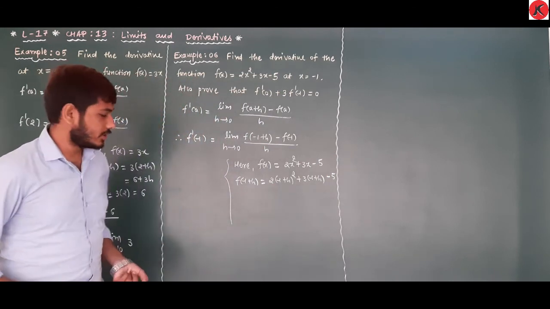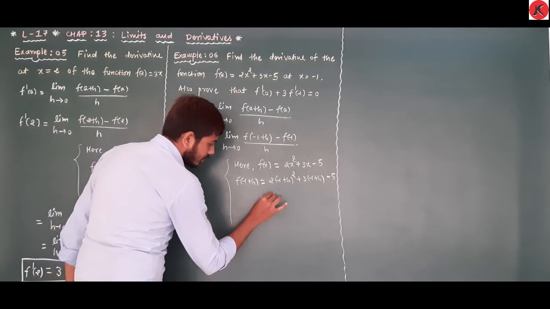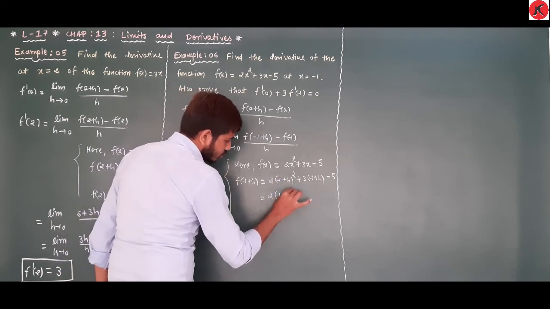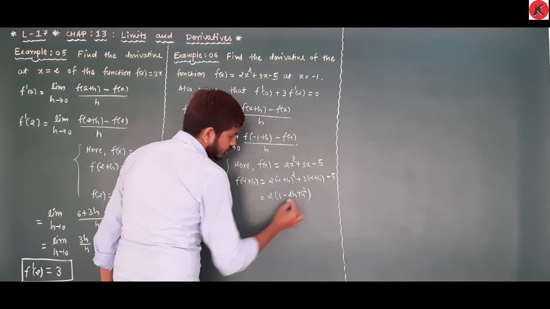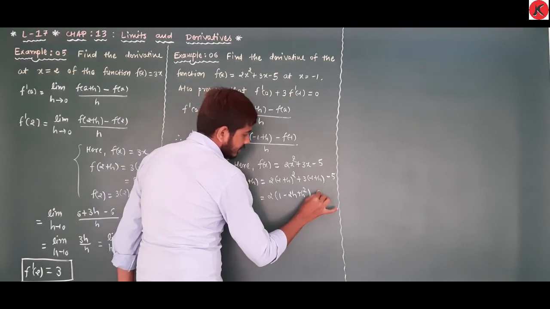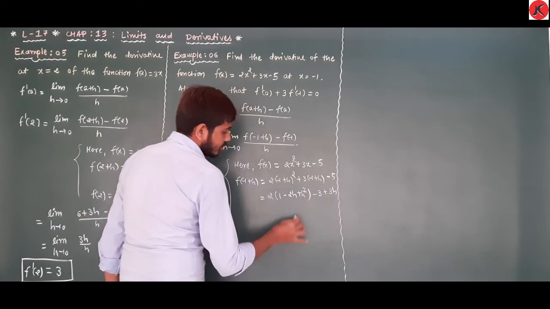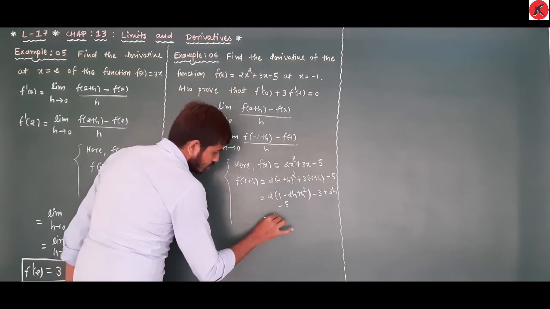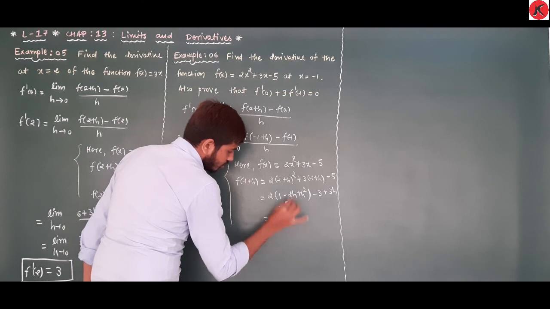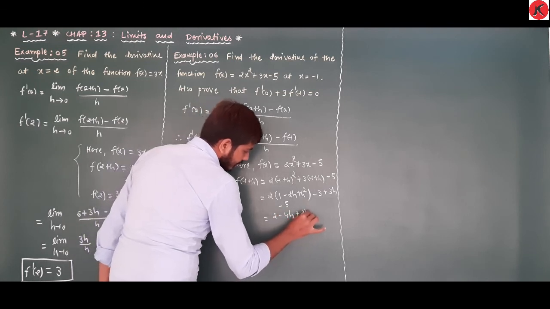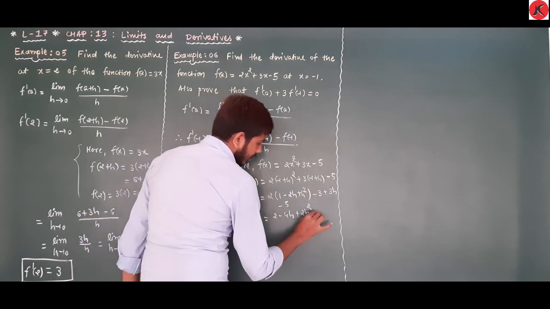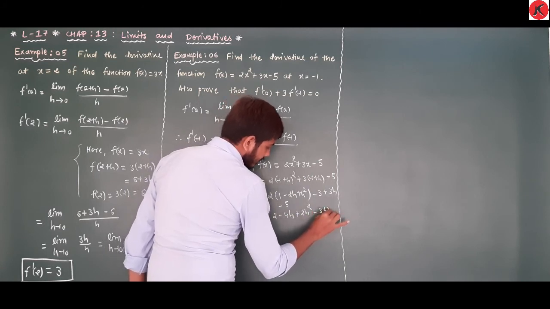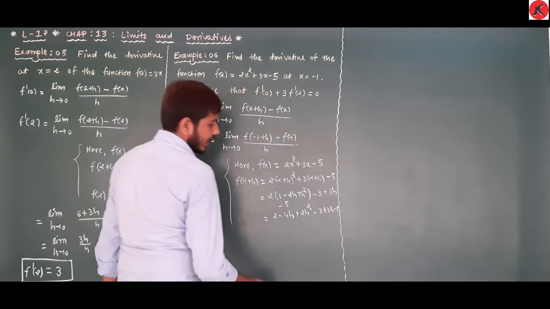Expand and solve it. 2 into minus 1 square plus 1 minus 2h plus h square, minus 3 plus 3h minus 5. Simplify this. 2 minus 2 twos are 4h plus 2h square, minus 3 plus 3h minus 5.